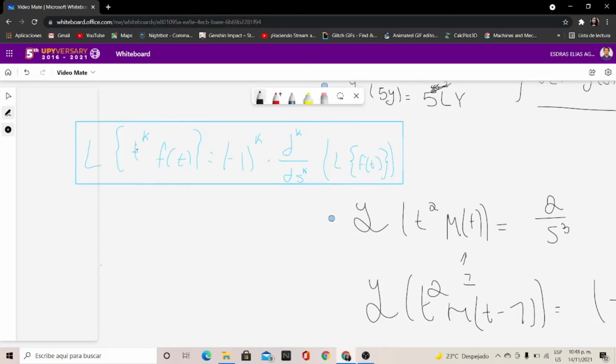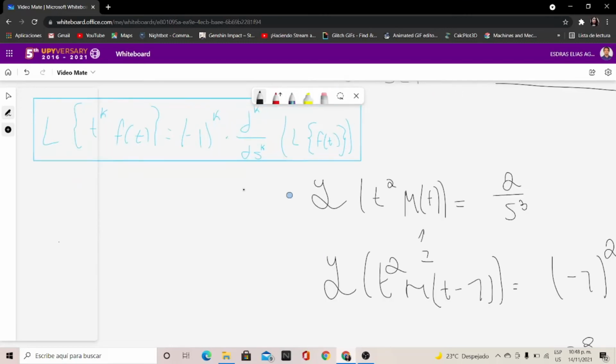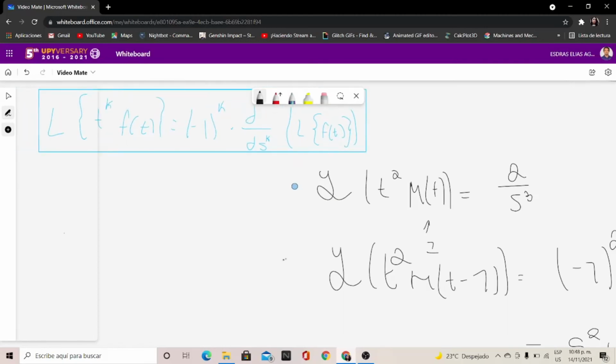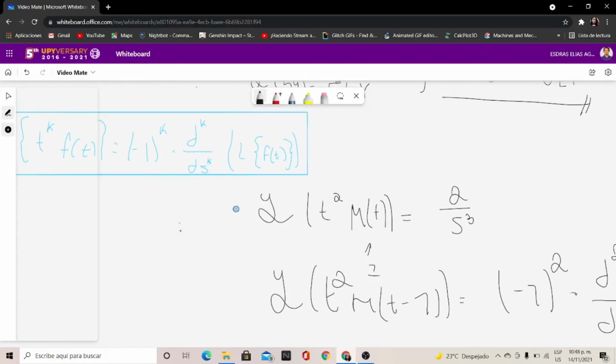Now for t squared times the unit step of t minus 1, we use the formula for multiplying the function by t to the power k: minus 1 to the k times the k-th derivative with respect to s of the Laplace transform of the function.